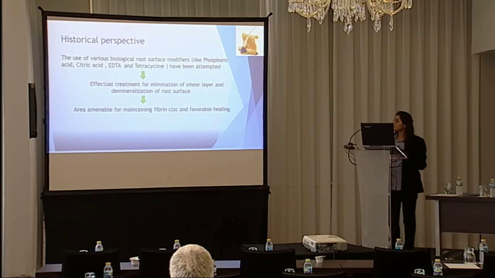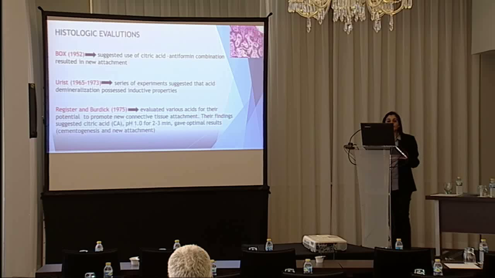Looking back into the history, the use of various biological root surface modifiers has been attempted and resulted in effectual treatment for elimination of smear layer and demineralization of the root surface, thus creating an area amenable for maintaining a fibrin clot and resulting in favorable healing. A look into the histological evaluations: a few scientists like Boyko have suggested the use of a citric acid antiformin combination, which resulted in new attachment.